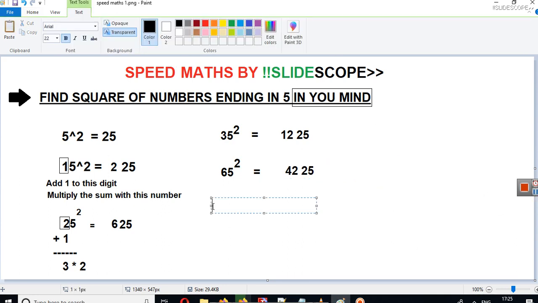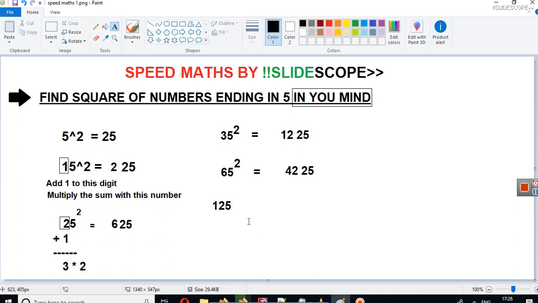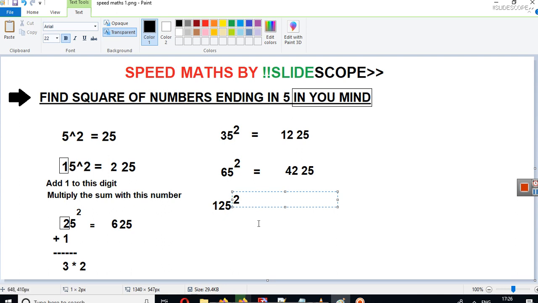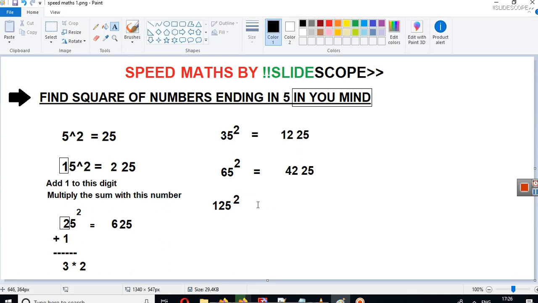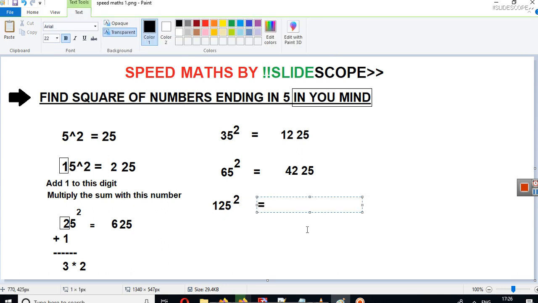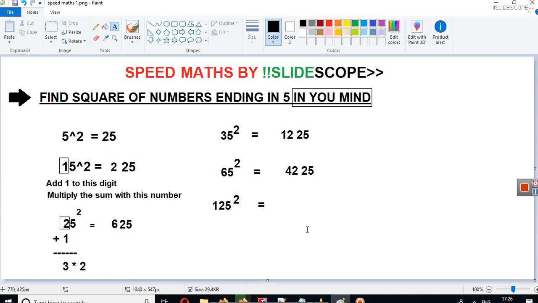Let's take a 3-digit number, 125. We have to find the square of 125. For this type of square, multiplication of 2-digit numbers, you must remember tables up to 12. If you have full confidence in tables up to 20, then you can find the square of these numbers very quickly.